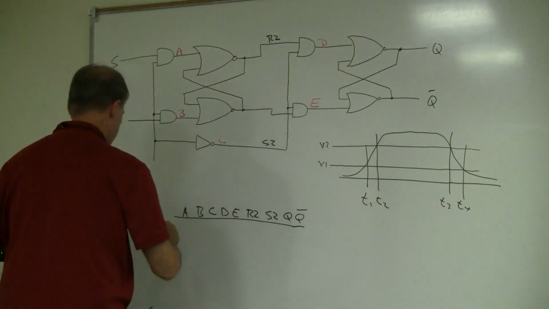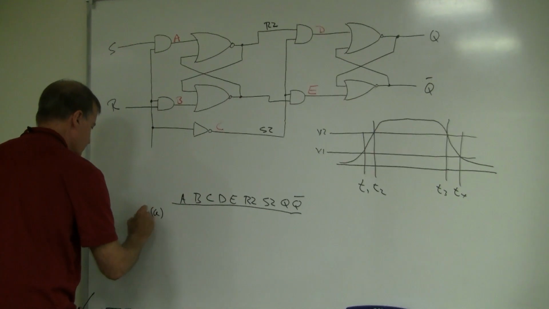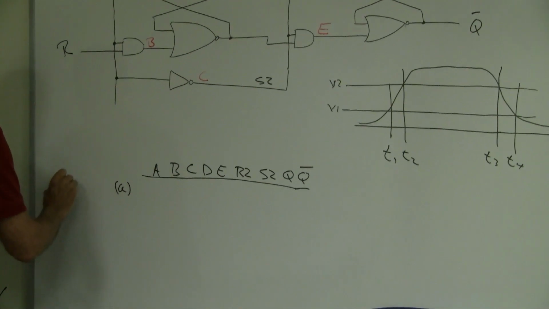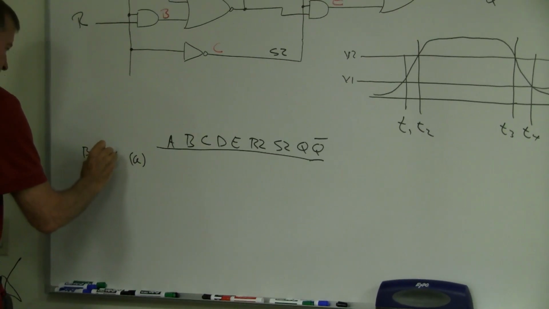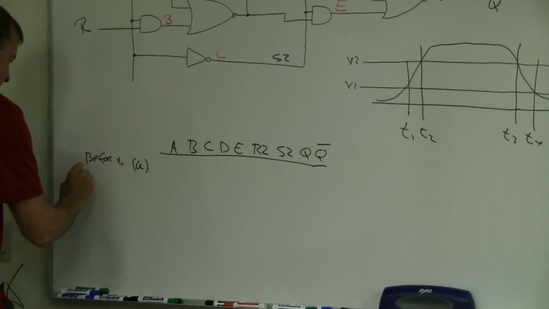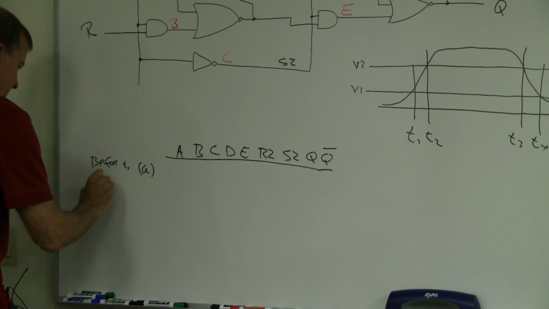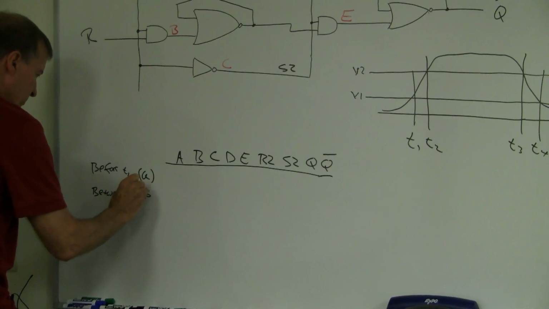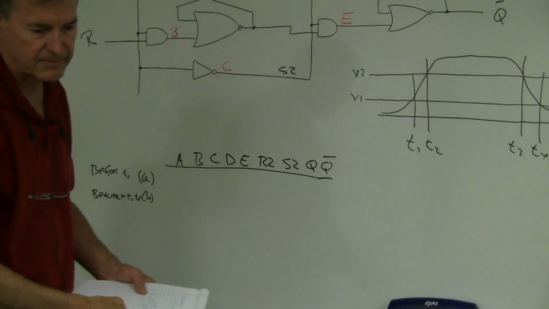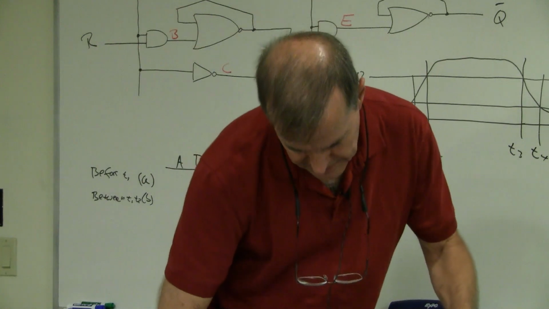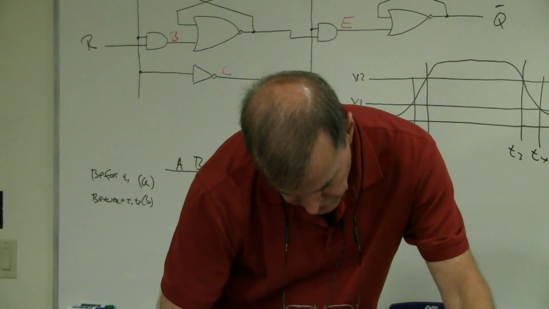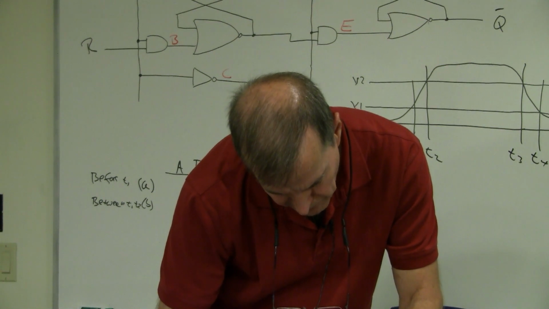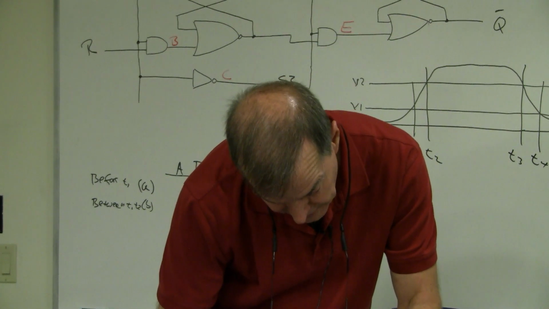And then it says, this A is before T1. This one's before T1, and this is between T1 and T2. So that's row B, right? And then it says construct a table that shows the values of A, B, C, D, E, R2, and so on, during each of the following intervals, assuming 0 gate delay.